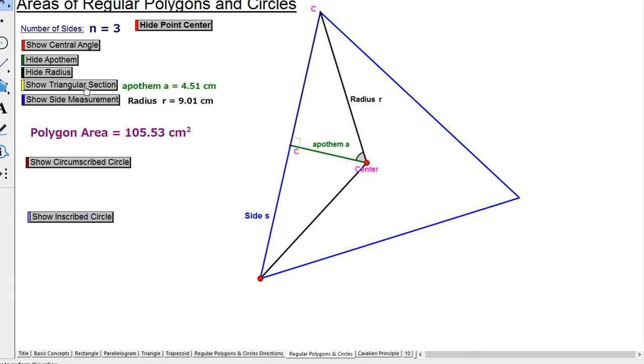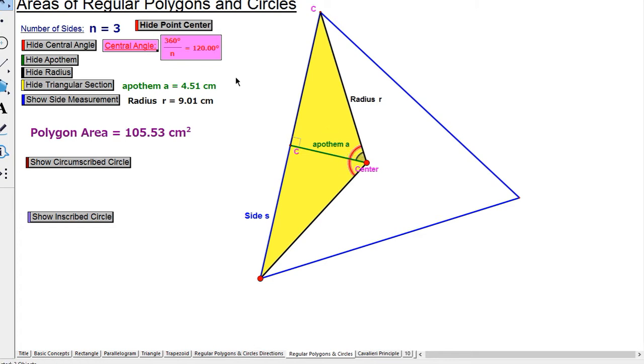Now notice that we have a triangular section here, and we know what this central angle is. If we go all the way around the circle, that's 2 pi radians or 360 degrees, and there's going to be one of these little yellow triangles for each of the sides. There are n sides, in this case n is 3, so that angle is 360 degrees divided by n, or in this case 120 degrees, or in general 2 pi divided by n.